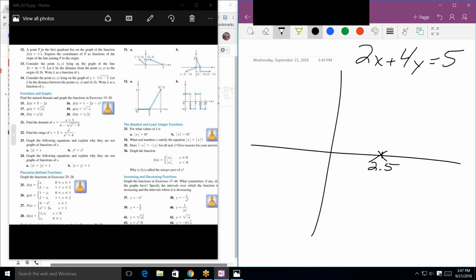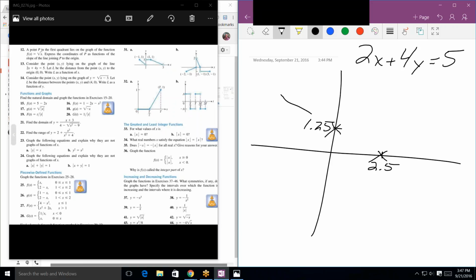That's also a very important concept in math: when you're solving for either the x or the y-intercept, the other variable is 0 by definition. You can see that when we're on the x-axis, y is 0 everywhere on the x-axis. And when we're on the y-axis, x is 0. So what's the y-intercept going to be? 4y equals 5, so 5 over 4, 1.25.